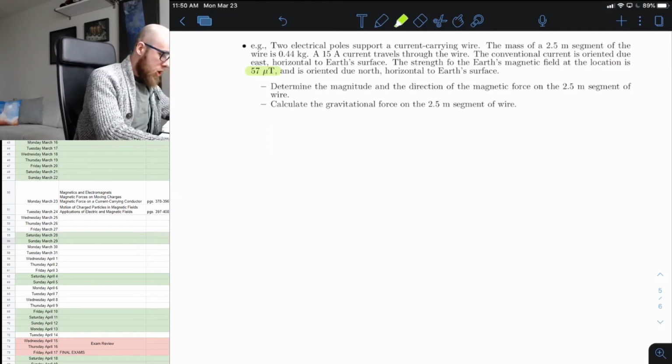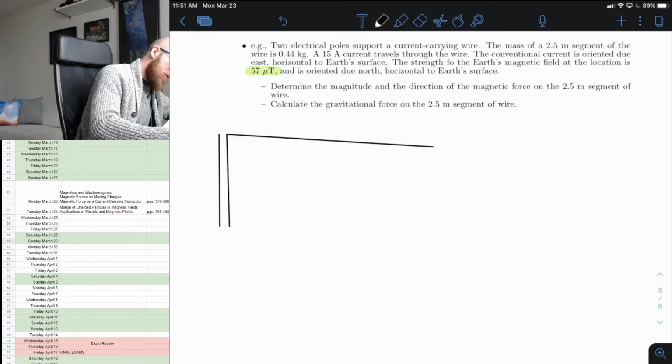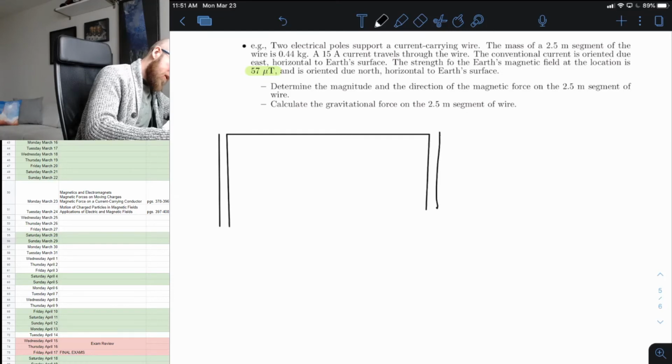So. 2 electrical poles support a current carrying wire. Let's draw out a picture of this, right? So we have one power line, and we have a wire between them. Then we have another power line, okay? If we look at a segment of the wire, we assume that the segment has a length of 2.5 meters.